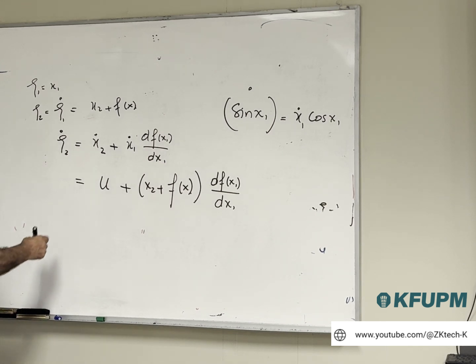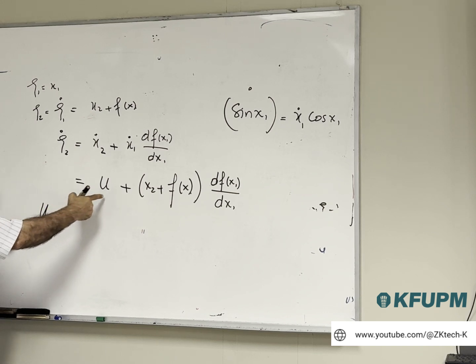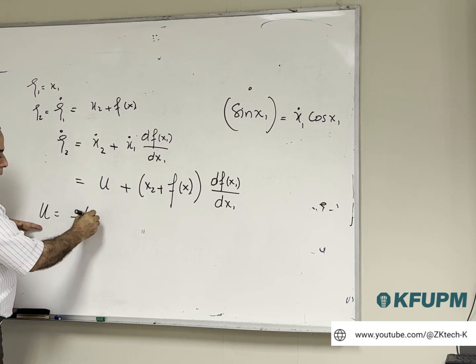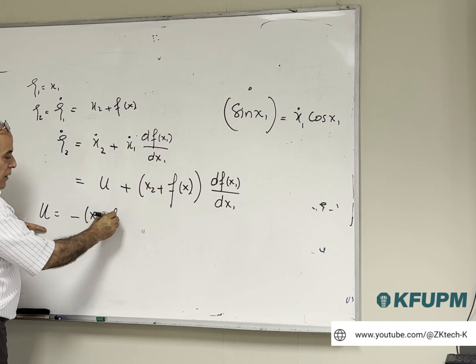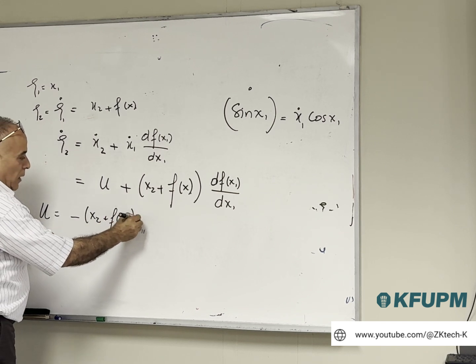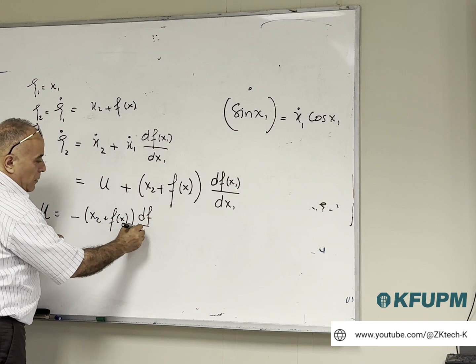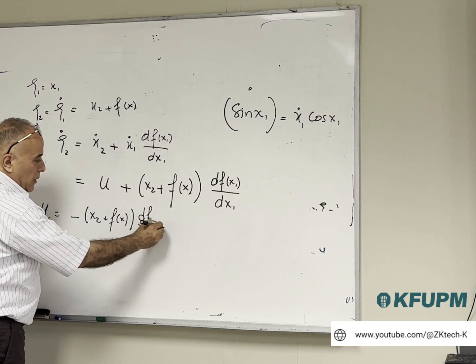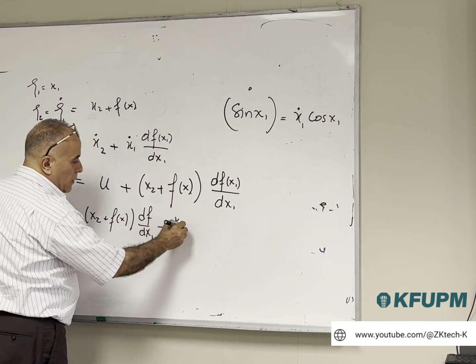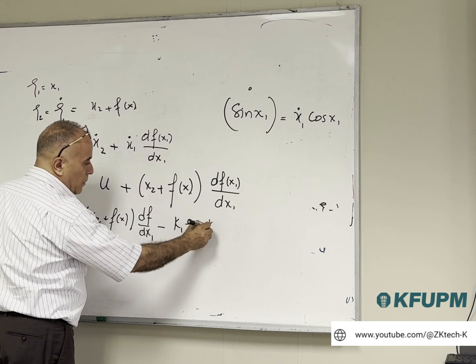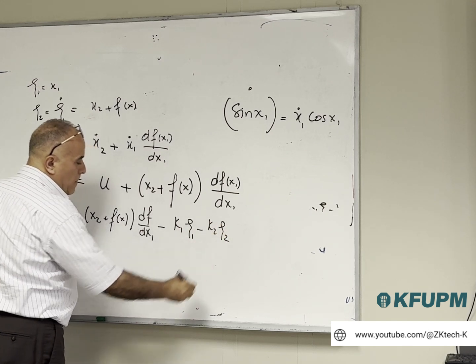So if I look at my controller, it will have two components, component 1 and component 2. The component 1 will be minus x2 plus f of x multiplied by the derivative of f with respect to x1, minus k1 zeta 1 minus k2 zeta 2.